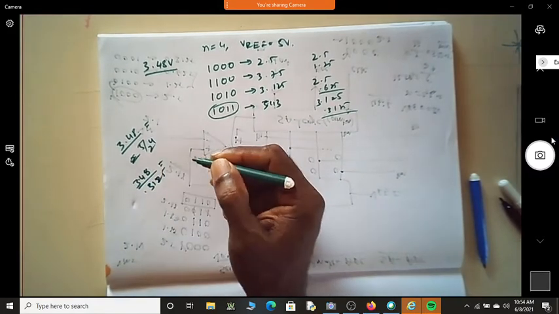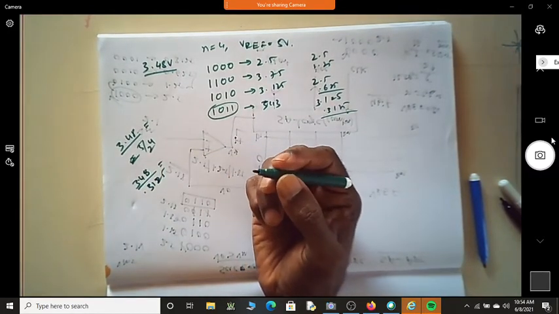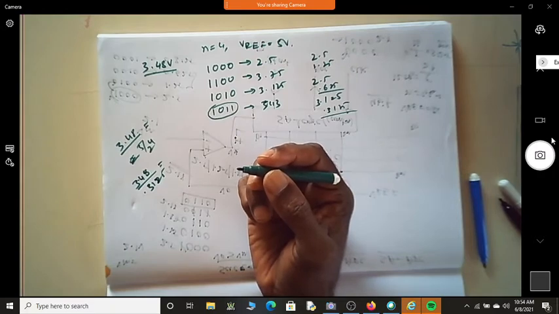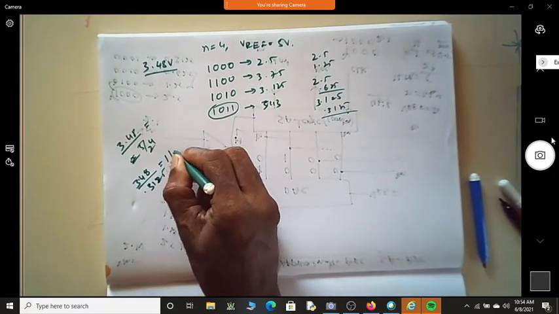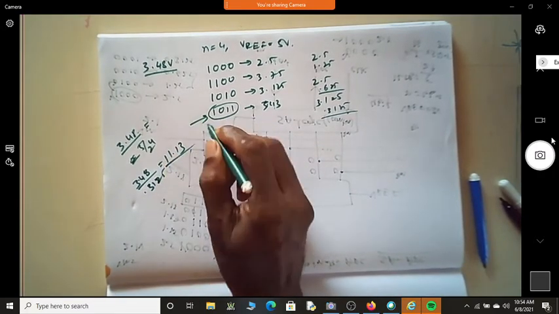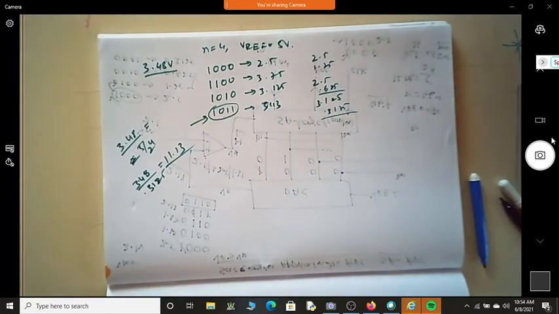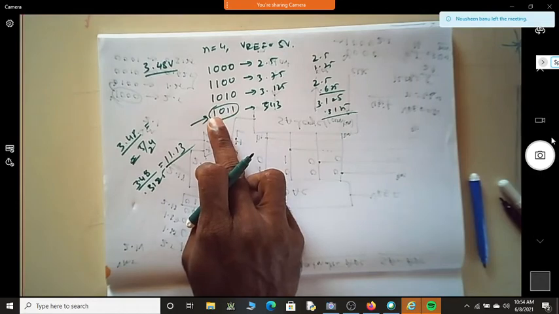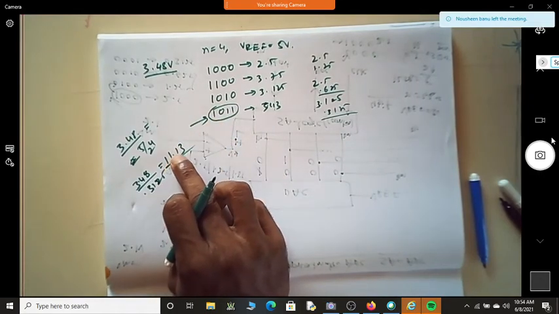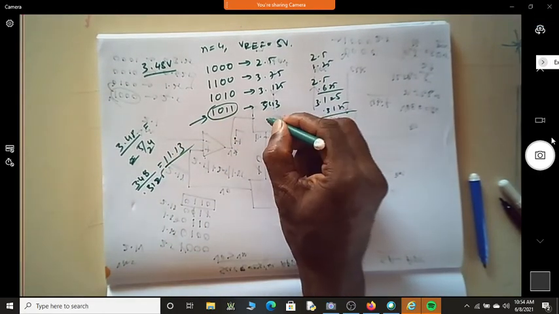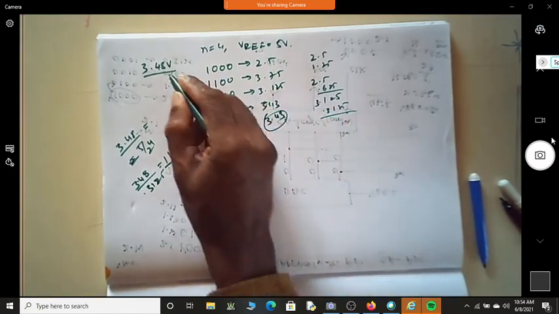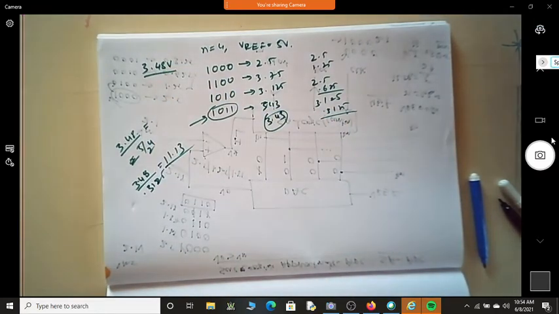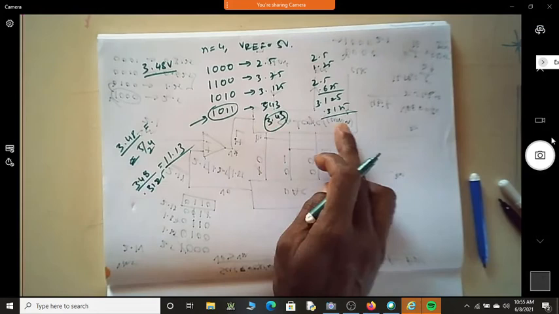How much is this? 11.136. Is this not 11? Yes, sir. This is 11. This is the binary equivalent of 11. Can you see it is 3.43 volt, and 3.48 is being represented as 3.43.